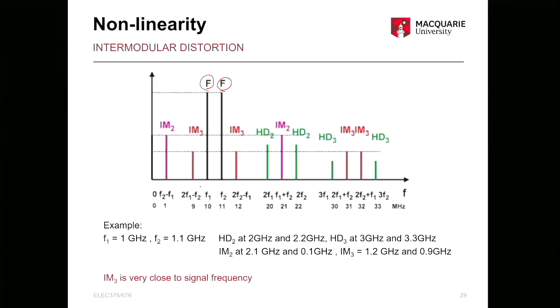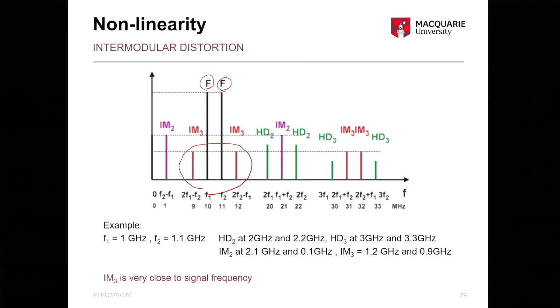And you see both IM3 products are very close to the actual frequencies. So it's very difficult to remove IM3 sometimes because their frequency is quite close to the signal frequency that we want. If it was far away, we could use a low pass or high pass filter to cut it away. But if it is very close, it is quite easy for it to get through the low pass filter that you design, right?